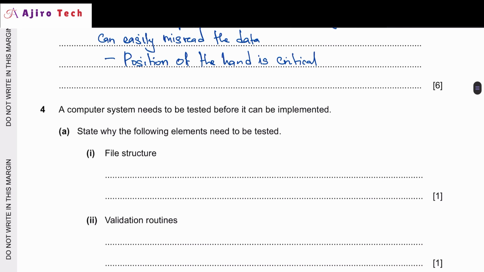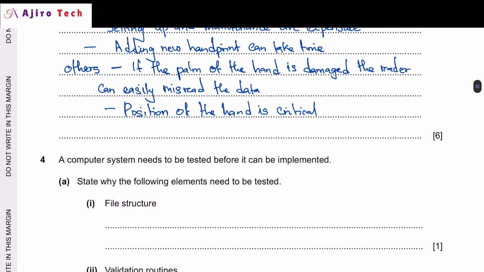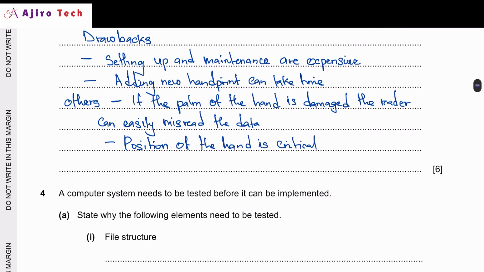Hope that is clear. Question 4. A computer system needs to be tested before it can be implemented. So this is chapter 7, the systems life cycle, which is SLC.